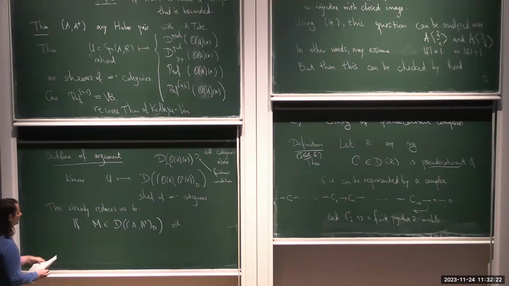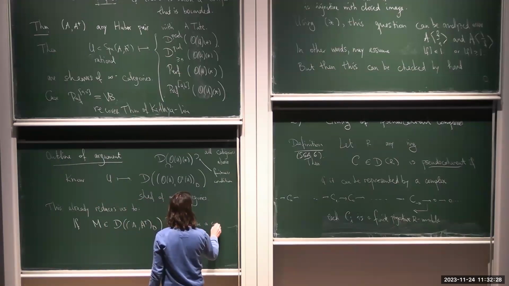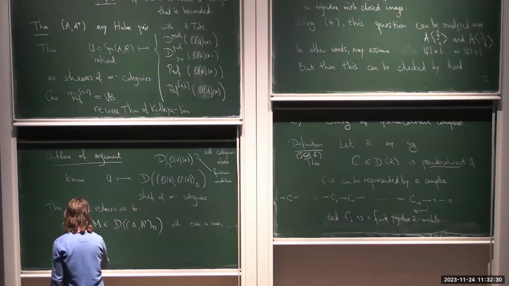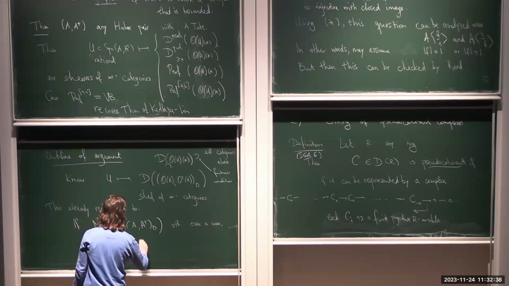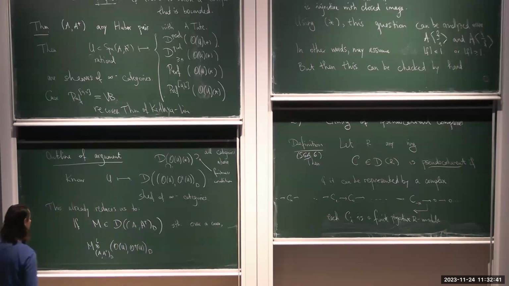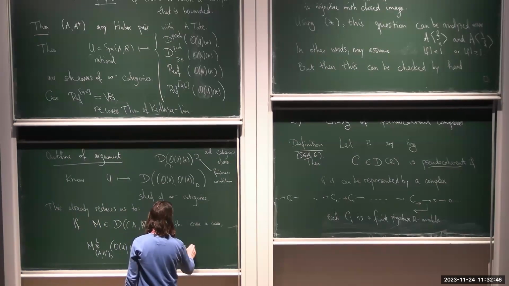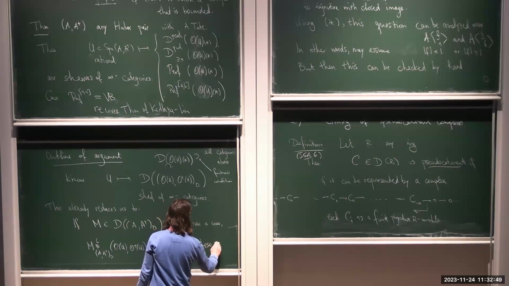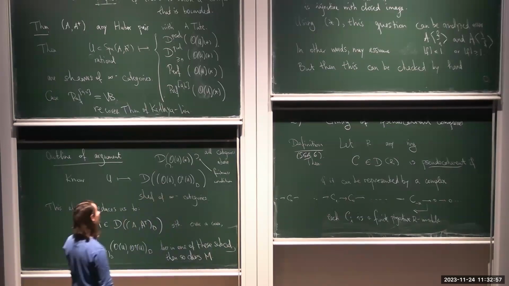The assertion is that if the base change of A plus over a cover lies in one of these subcategories, then so does the object itself. So the conditions that we put, they glue. Okay.